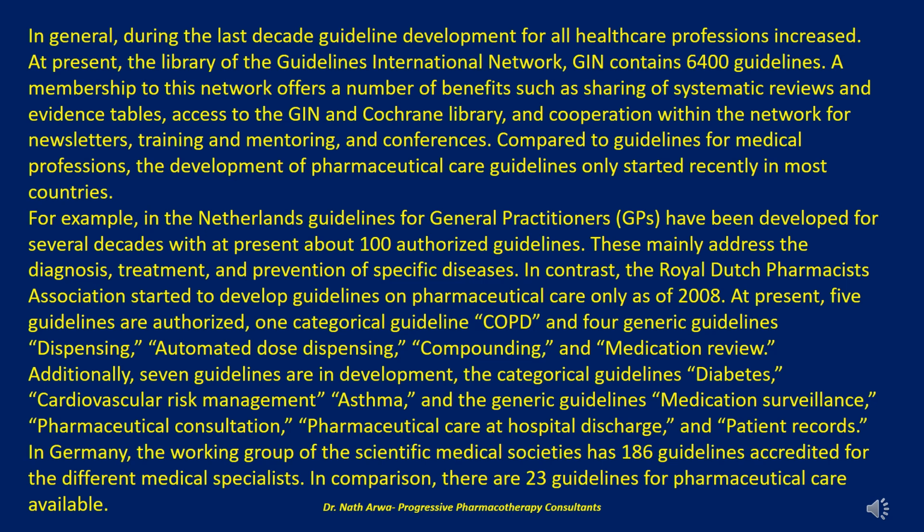Additionally, 7 guidelines are in development: the categorical guidelines, diabetes, cardiovascular risk management, asthma, and the generic guidelines, medication surveillance, pharmaceutical consultation, pharmaceutical care at hospital discharge, and patient records.